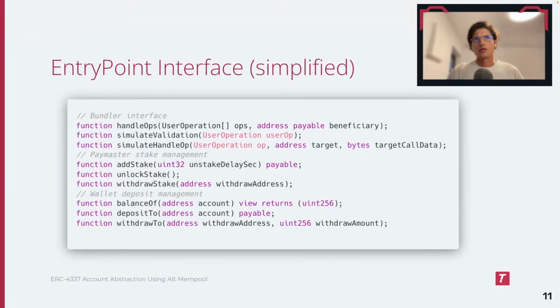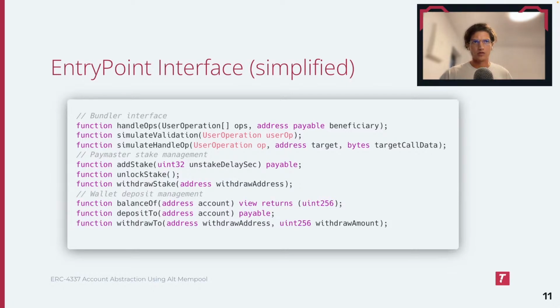So this is somewhat what the entry point interface looks like. It's simplified. The important operation for the bundler is handleOps. This is the function that is executed for running all of these user operations. The bundler also needs to be able to simulate the validation step and to simulate the handleOps step, or simulate the execution step.